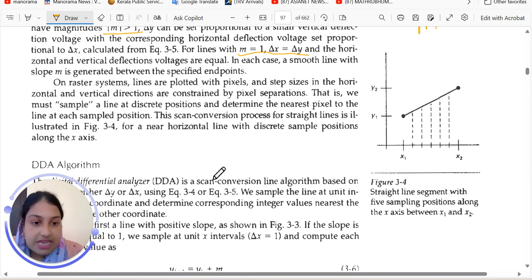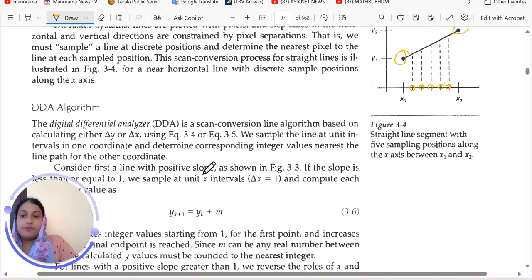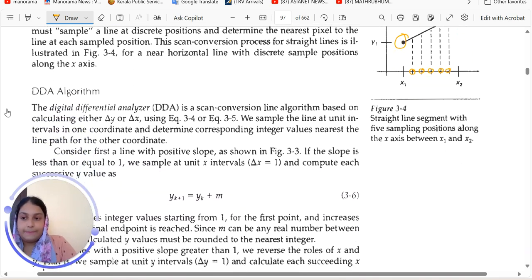This is a figure of a straight line segment with 5 sampling positions along the x-axis between x1 and x2. We have x1, y1, and x2, y2, and the sampling positions are the various points on the x-axis. Then we have the DDA algorithm.